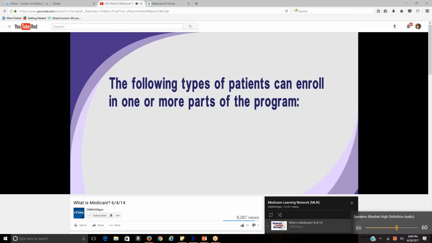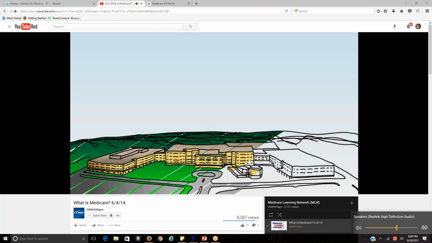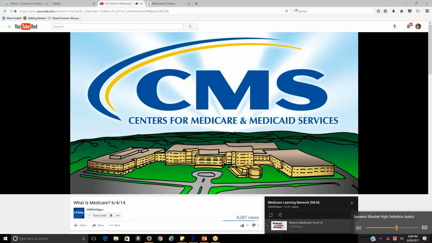The following types of patients can enroll in one or more parts of the program: individuals aged 65 and older, individuals under the age of 65 who have certain disabilities, and individuals with end-stage renal disease, or ESRD. The government agency that administers these programs is called the Centers for Medicare and Medicaid Services, or CMS. CMS also works with several organizations to help them administer the program.